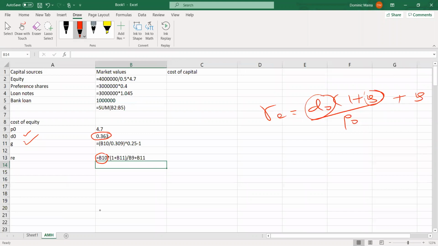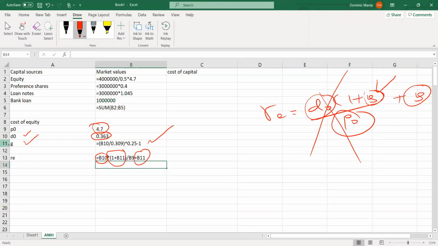The numerator there, divided by P naught, which is B9, 4.9, plus G, the G here, which you have as B11, which is our G. So simply apply the formula, without the need to actually show this formula.